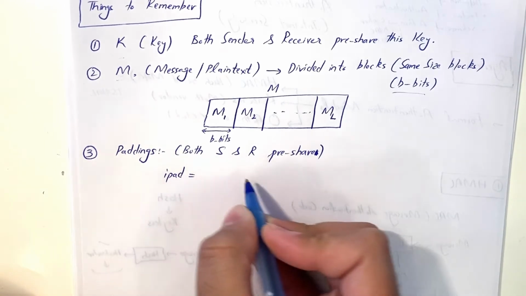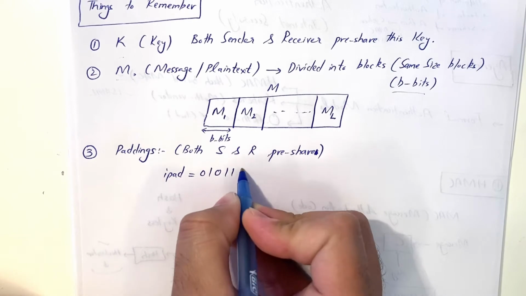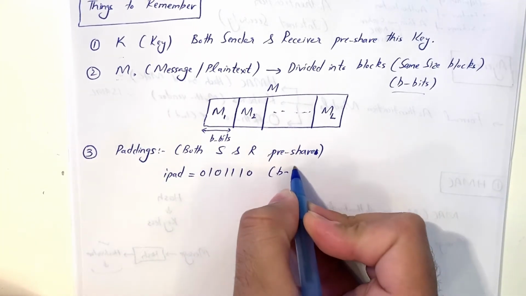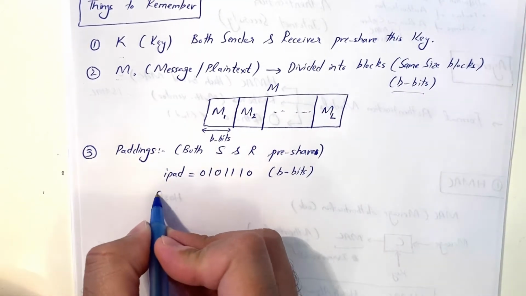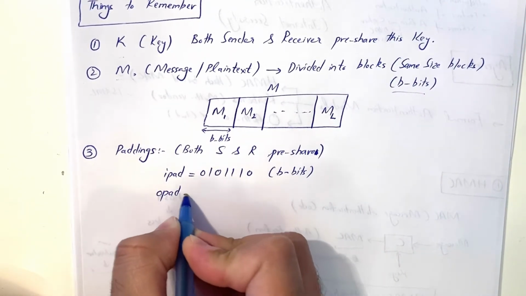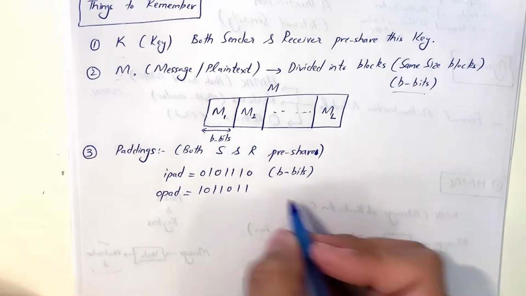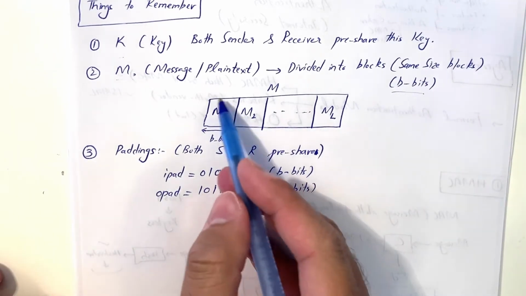IPAD is equal to any number. It could be something like 0, 1, 0, 1, 1, 1, 0, something like that. But the size of IPAD is B bits, the size of the block. It's exactly the same. There is another thing which is called OPAD, and it could be something different, 1, 1, 0, 1, 1, something like that. But it should be equal to B bits, the same size as the block.